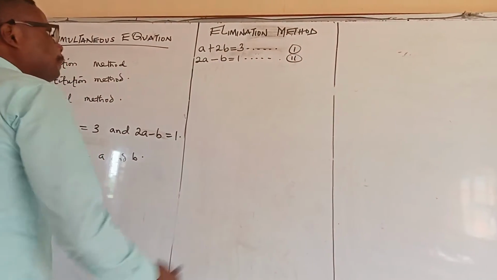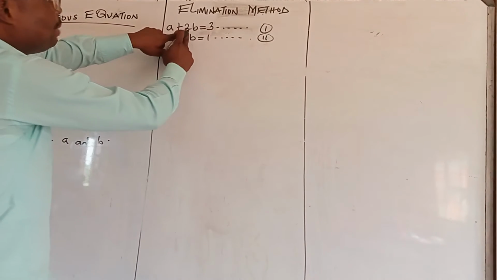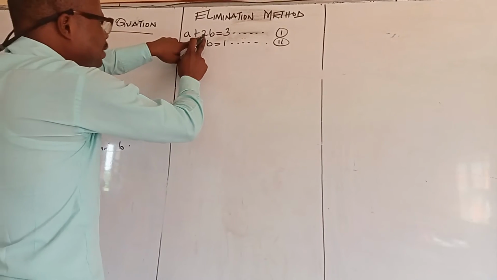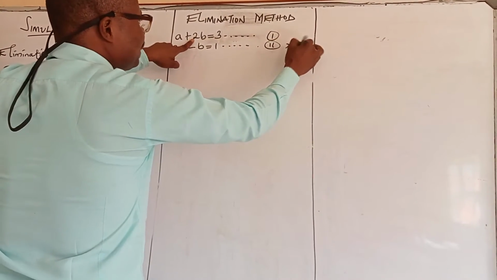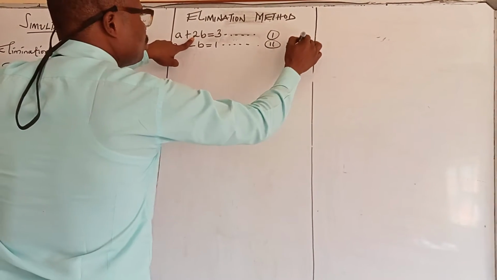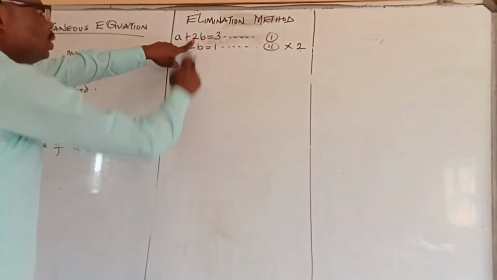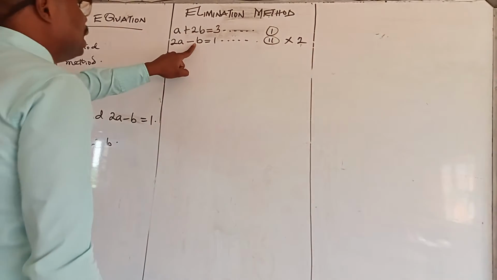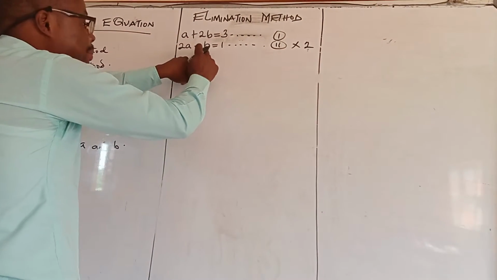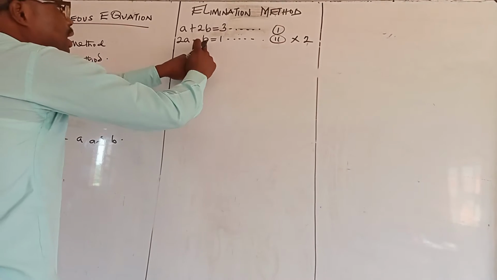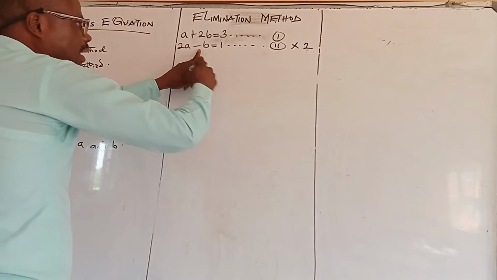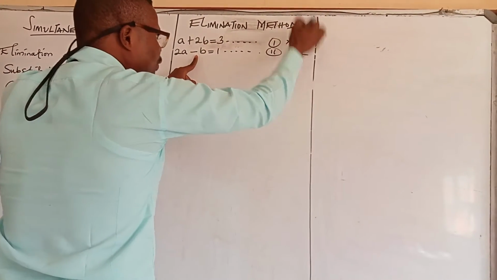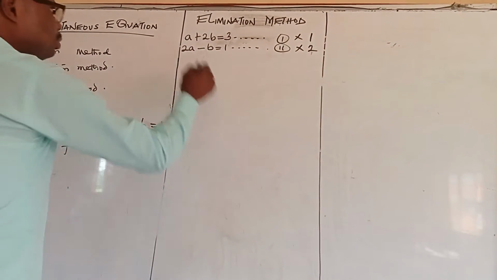We use the absolute coefficient of B in equation 1, which is 2, to multiply equation 2 all through, and the absolute coefficient of B in equation 2, which is 1, to multiply equation 1 all through.